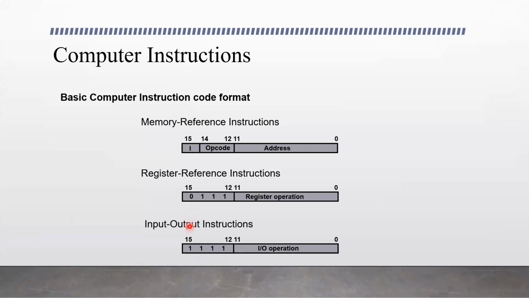It is differentiated this way. The 0 to 11 bits are used for the register operation, to specify the operation that is performed on the register. In the input output instruction, the least significant 12 bits are used to represent the input output operation.